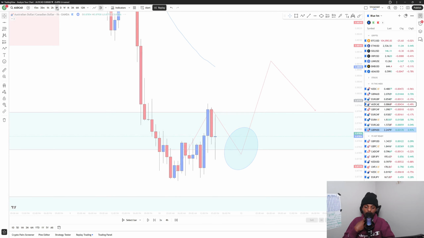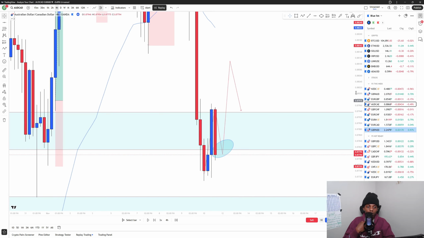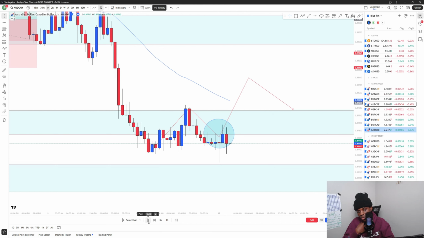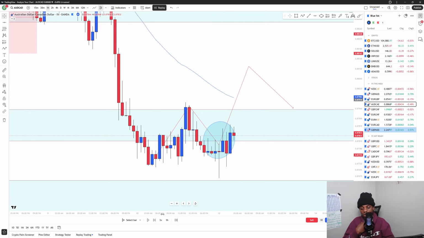Let's see what the 4 hour is doing. Okay, 4 hour looks like it might be going down to create the new low, and then I'm gonna just wait for this to shift to bullish. Or from here, might create the double bottom and go up. Okay, it's under the area of interest.